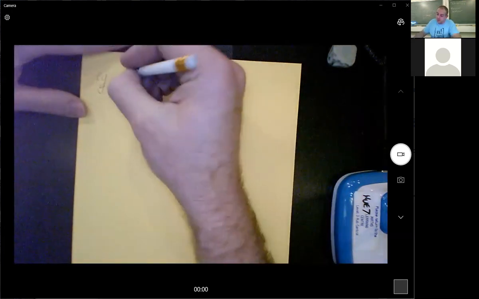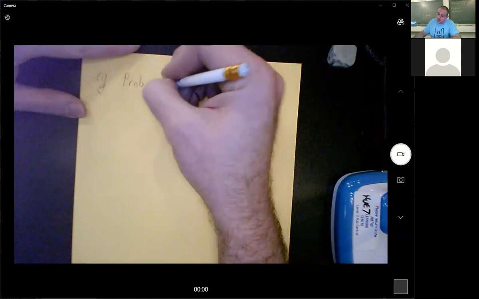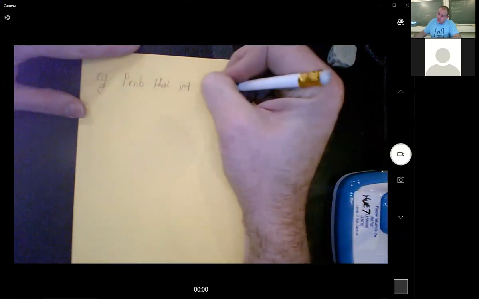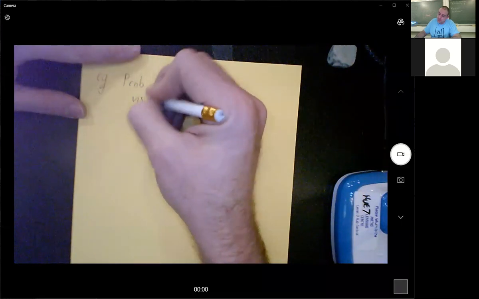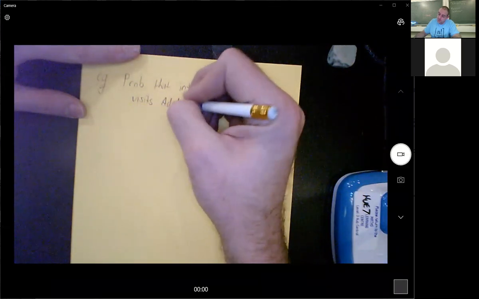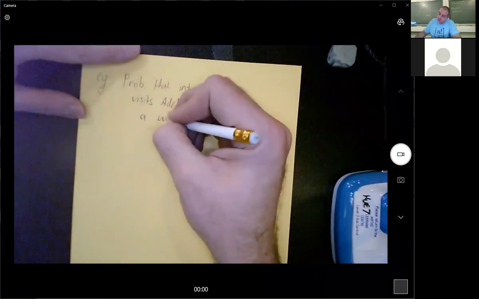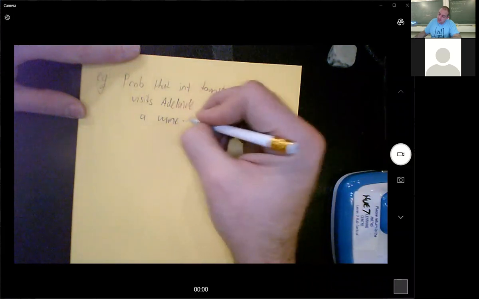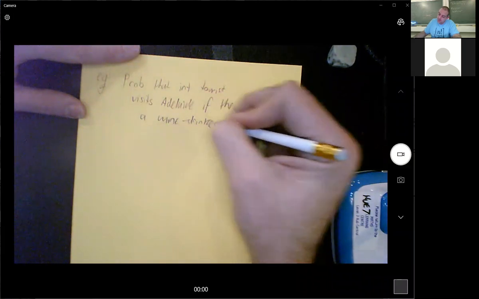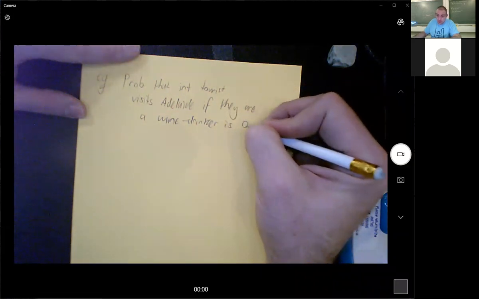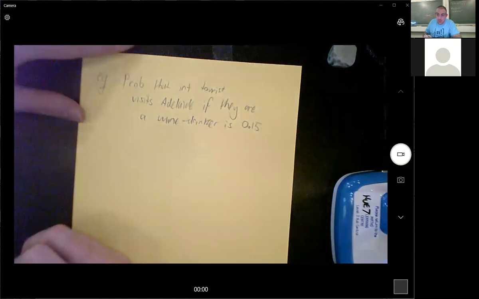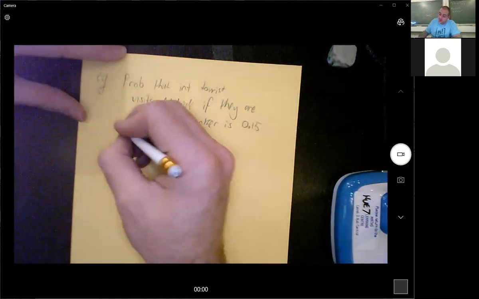They find that the probability that an international tourist visits Adelaide if they're a wine drinker is 0.15. And the probability that they visit Adelaide if not a wine drinker is 0.1.